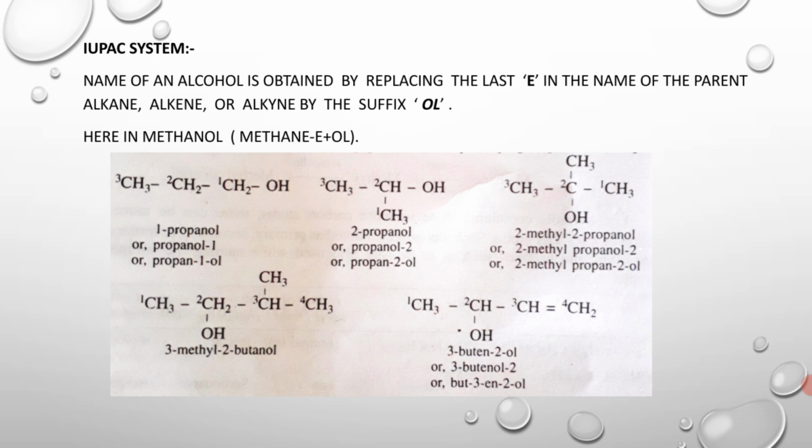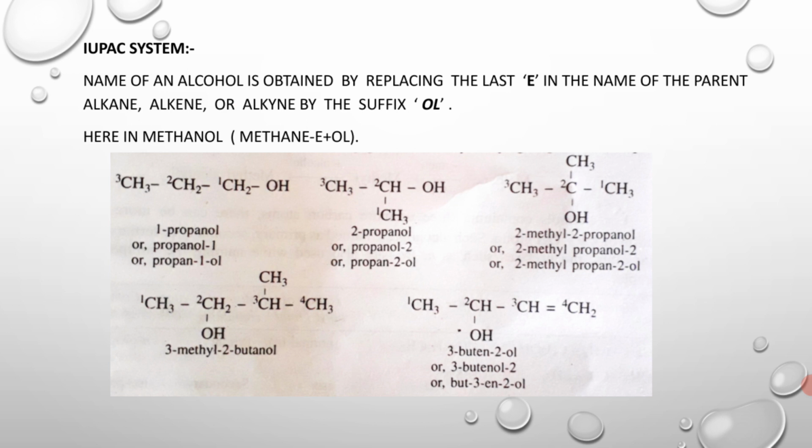Here next we have the IUPAC system. IUPAC is the International Union of Pure and Applied Chemistry system, and here we have some rules and regulations which we have to follow to name any particular organic compound.